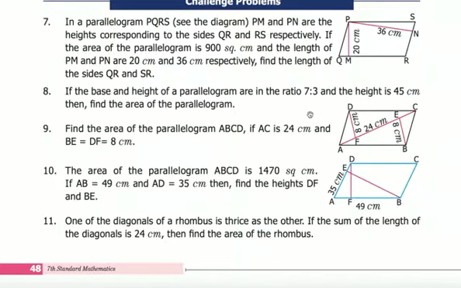Now the area can also be found from QR into 20, right? QR into 20 also gives you the area. So what is the length of QR? 900 by 20. How much? 45. Similarly, 36 into SR also gives you the area. So 900 by 36 gives you the length of SR.